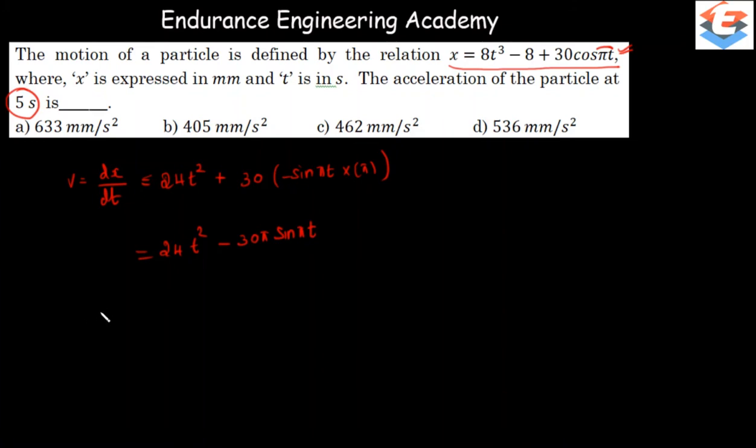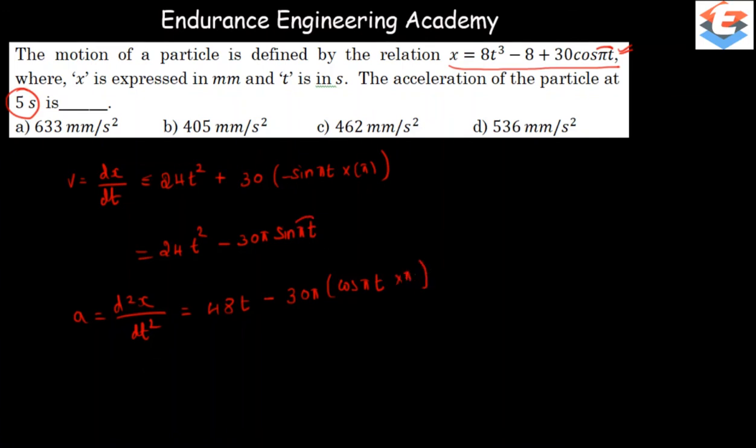Okay, and now again I have to differentiate it because they are asking for acceleration, right? So acceleration is nothing but 2 times differentiation of the displacement or 1 times differentiation of velocity. If I do that, 48t minus 30 pi will be there, again differentiation of sine is cos, and pi t's differentiation is going to be pi.